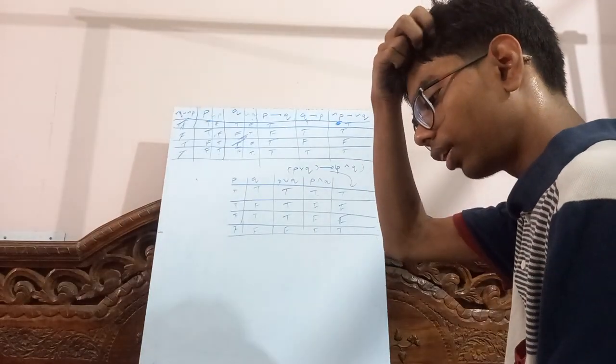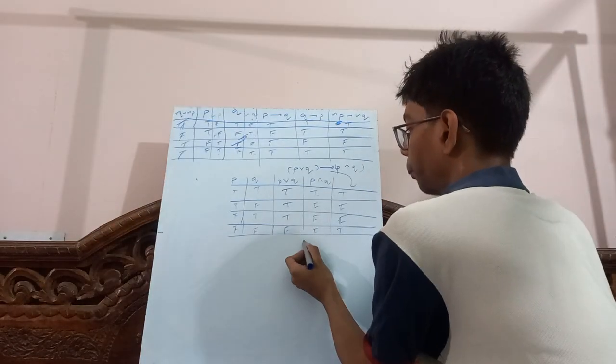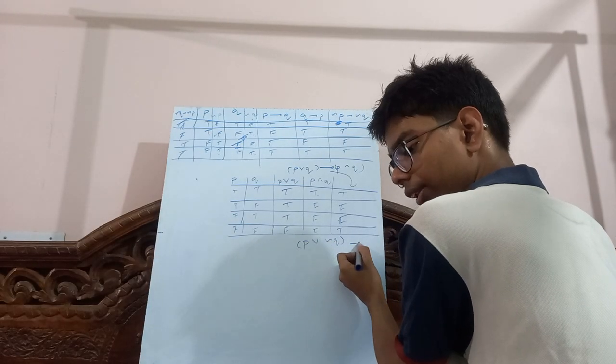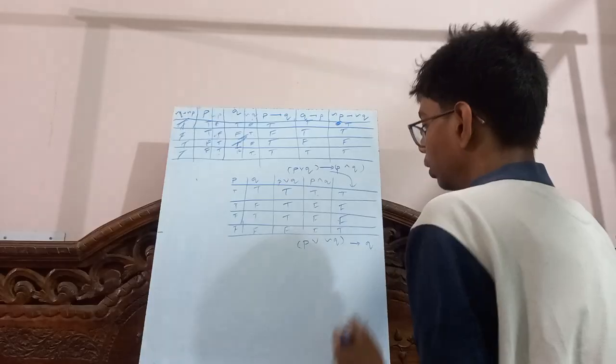And I have to find P or negation of Q having a conditional statement with Q, right?